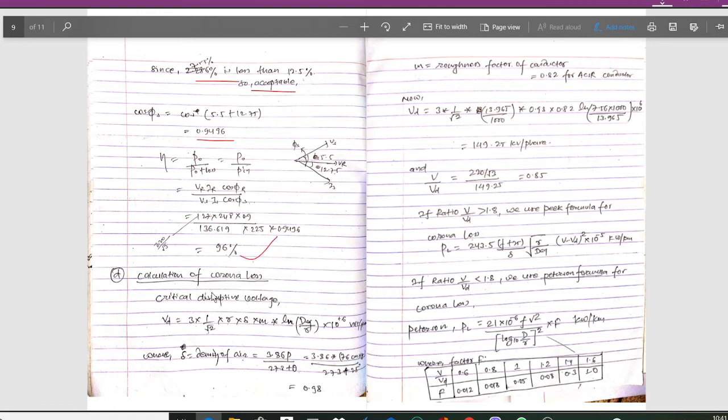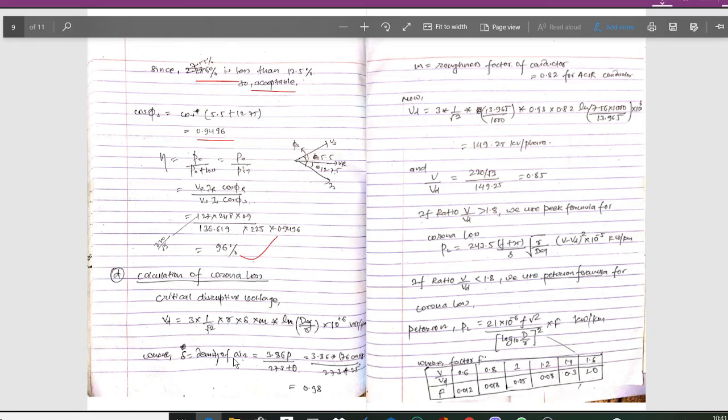Now to calculate the corona loss, we have the critical disruptive voltage. The formula for critical disruptive voltage is Vd equals 3 into 1 upon root 2 into R into del into M into log of D equivalent upon R into 10 power 6 volt per phase.